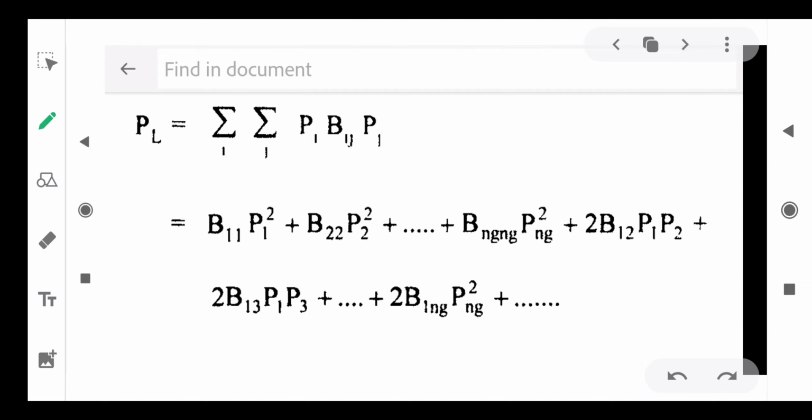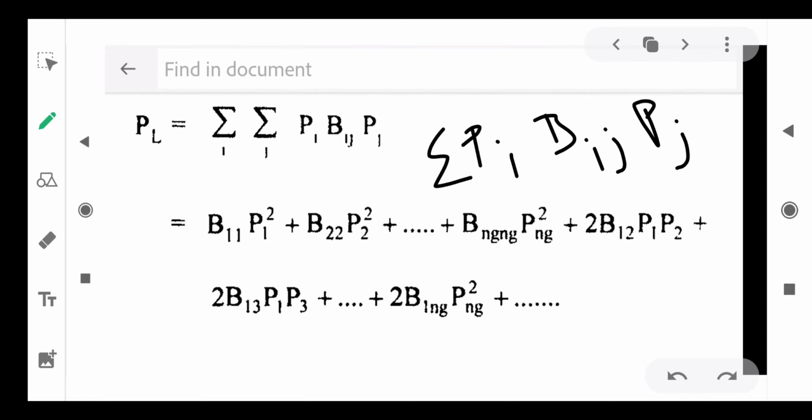So in other words, PL is equal to sigma i sigma j Pi Bij Pj, where i is equal to 1 to n and j is equal to 1 to n.